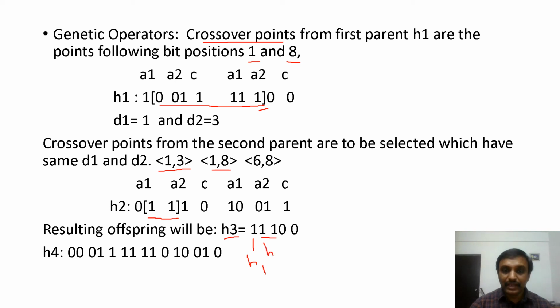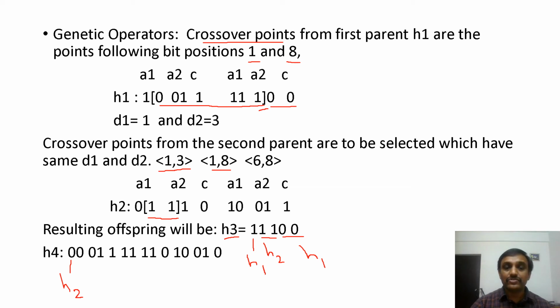That means this entire part we are replacing with 1 1, and the last two we have taken from H1. So the H1, H2, H1 order we followed. Same here we have to follow the order, that is the reverse case. So that is H2, H1, H2.